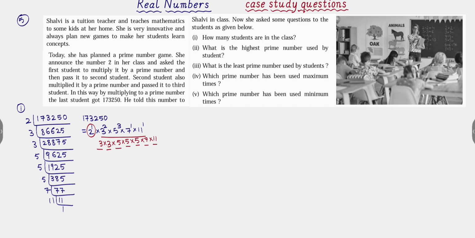So total how many? 1, 2, 3, 4, 5, 6, 7. Other than 2. Why should we not take 2? Because 2 is given by Shalvi and the remaining 7 students are involved in this game. So for question number 1, 7 students are there in the class.